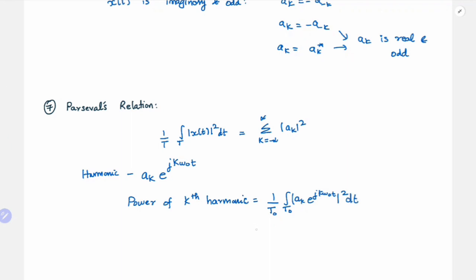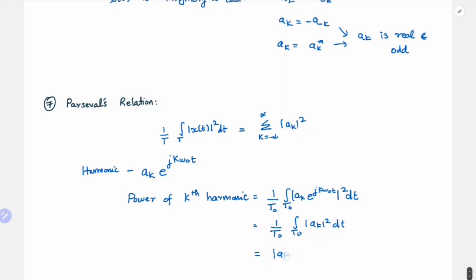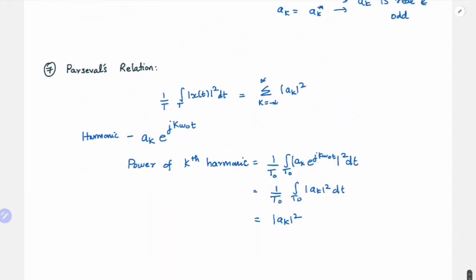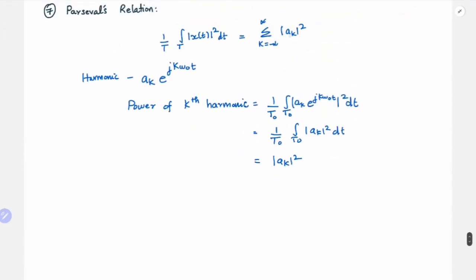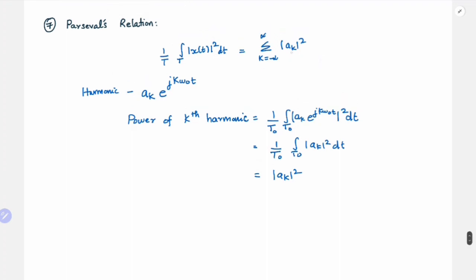Since this modulus is equal to 1, this is mod ak square dt. So T naught and T naught will cancel, and we will remain with mod ak square. So this mod ak square is nothing but the power of the kth harmonic. So the total power of x of t is nothing but the sum of the powers of all harmonics.